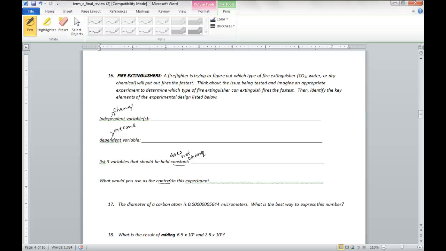So our dependent variable, what we were trying to figure out, is the time it takes to put out the fire. That is our outcome. That's what we are trying to measure. Our independent variable is the type of fire extinguisher.